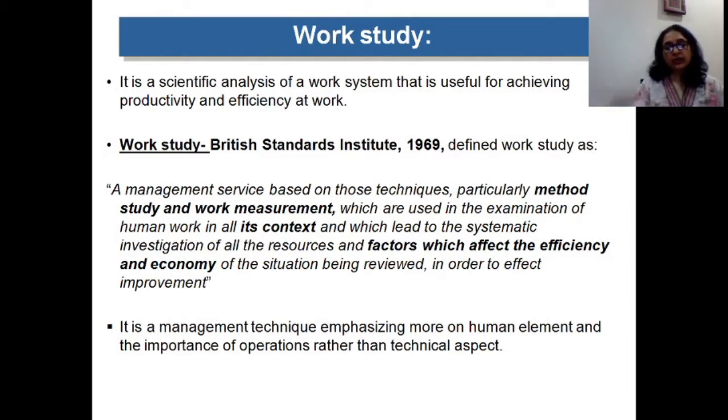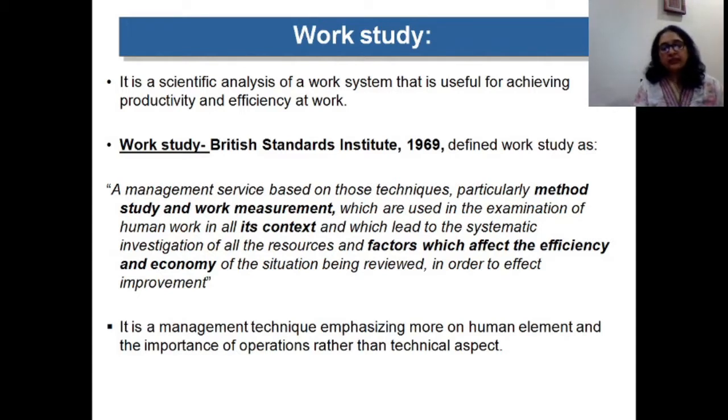So that you can make improvements. So as seen in the definition, you are studying the whole work system and all the resources and factors that affect the work so that productivity and efficiency as well as satisfaction from the work can be achieved.